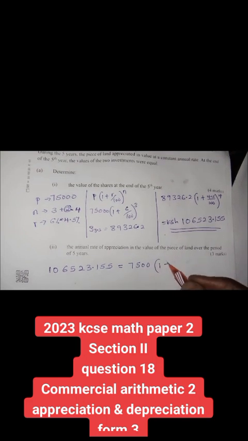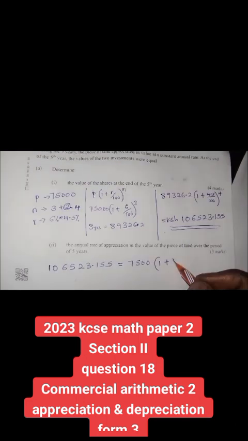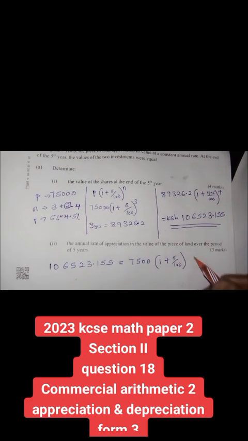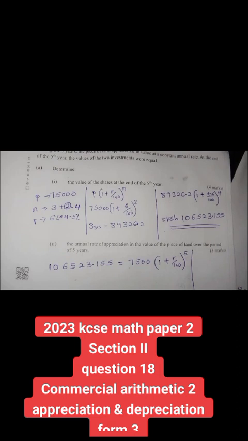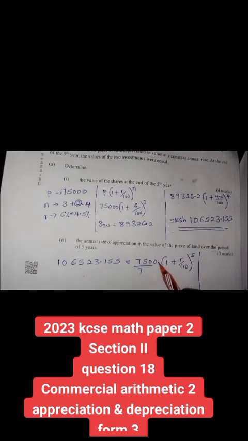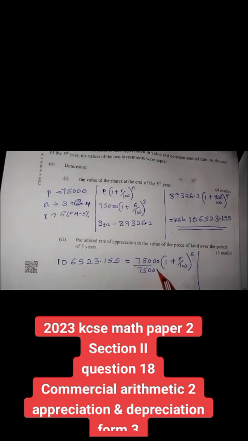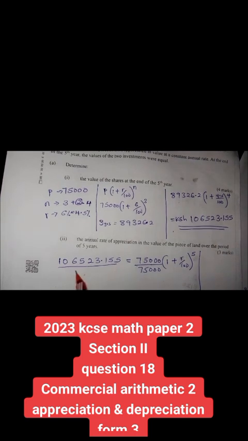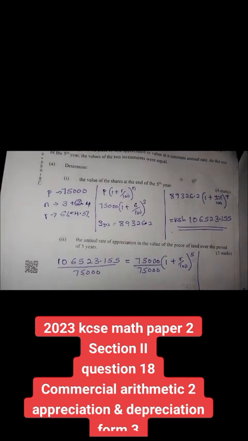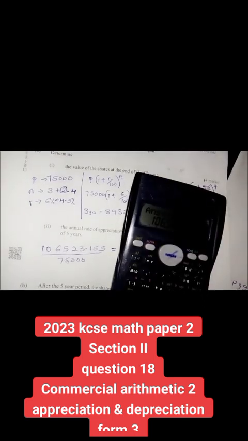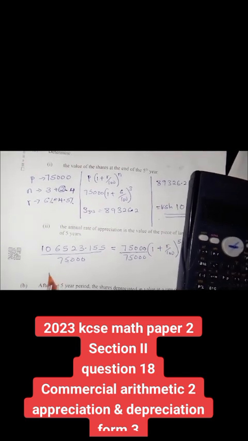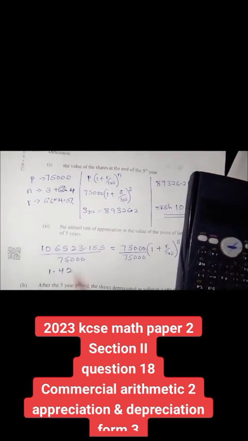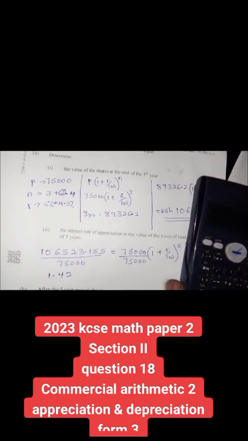So you divide both sides by 75,000. We have 1.42, if I take 2 decimal places, equals 1 plus R over 100, to the power 5.